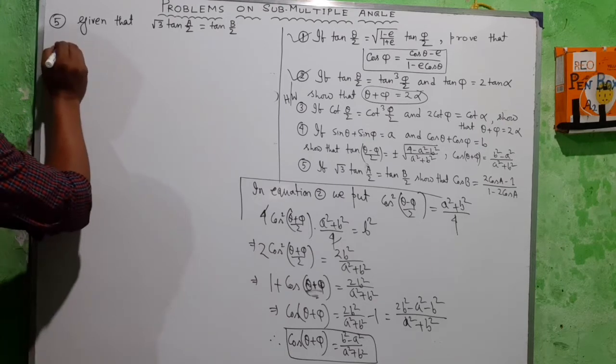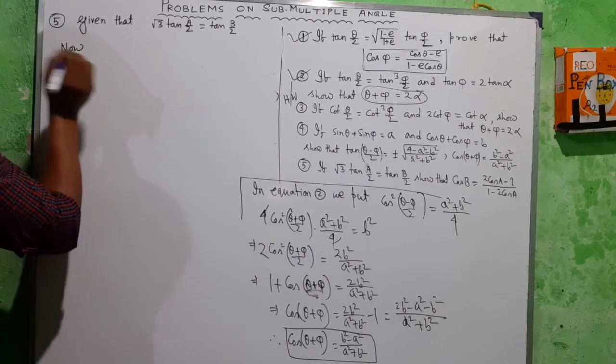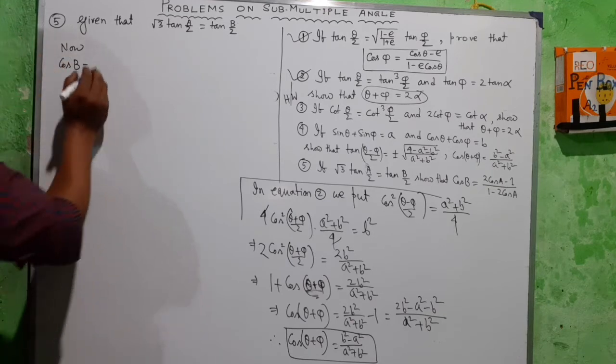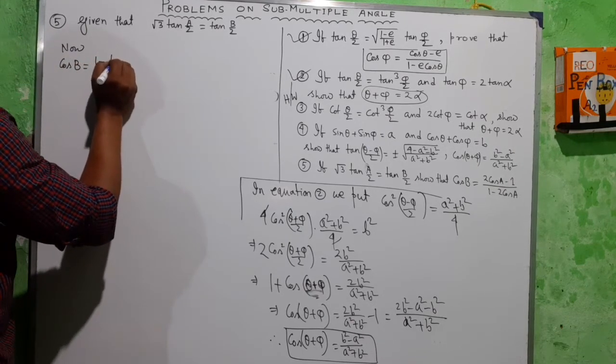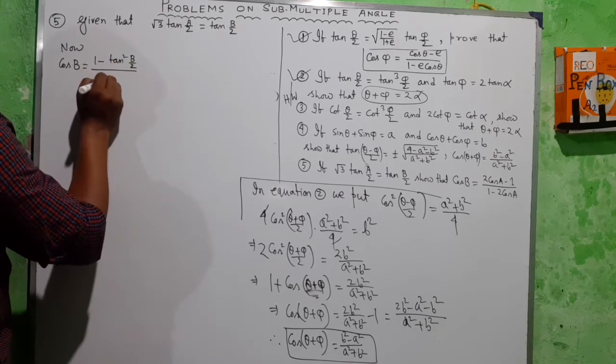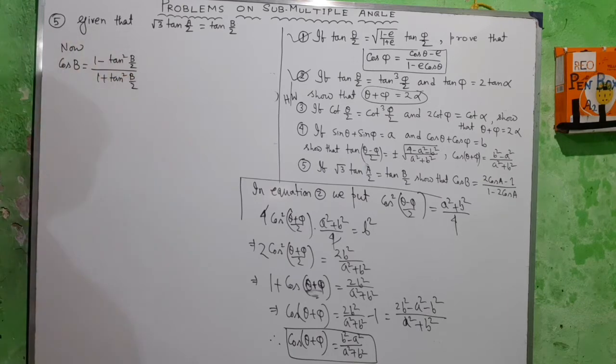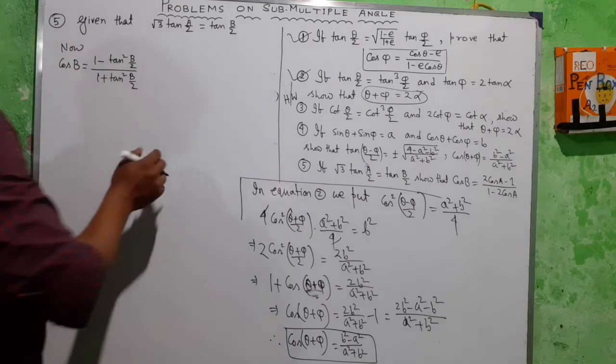Now, cosine of b equals, by using submultiple angle, we can easily say (1 minus tan square b/2) by (1 plus tan square b/2). So now we put the value of tan b/2.